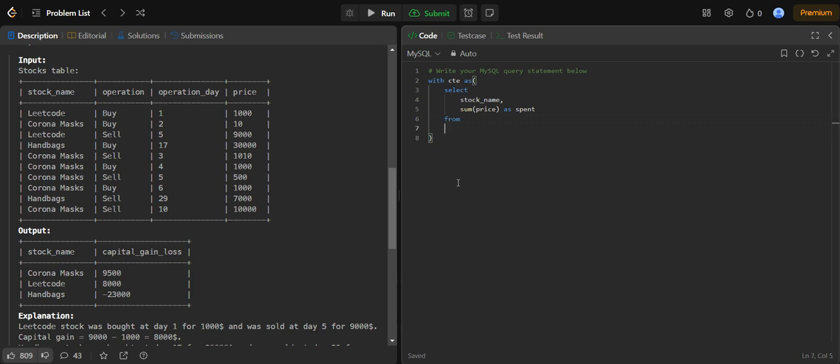From this table stocks, where the operation is buy, I need to group by.